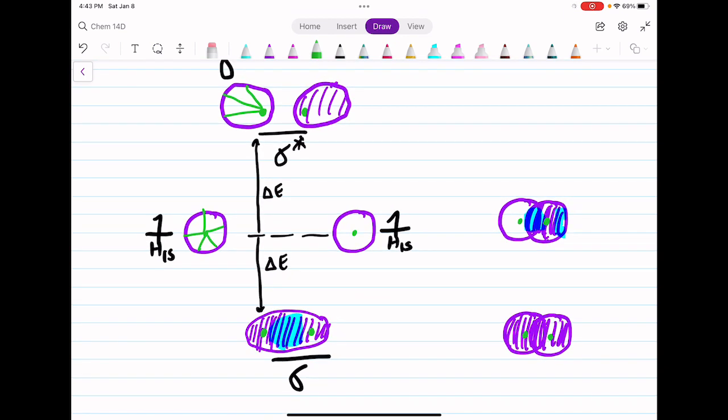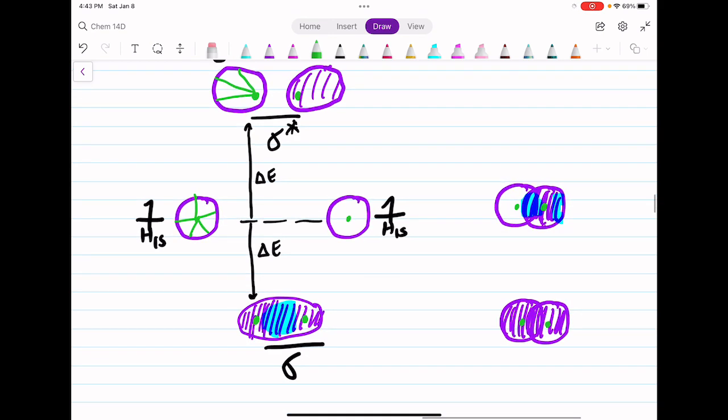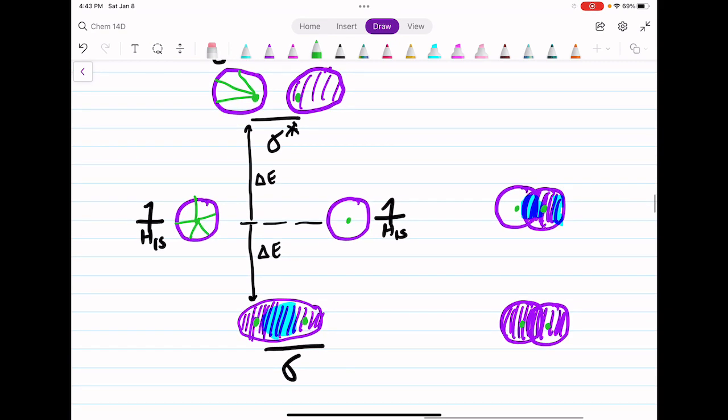So the sigma star is just slightly higher in energy, the absolute value of the energy that it goes up is larger than when it goes down. So now not only is it not surrounded by two nuclei, it's only surrounded by one, and on average the electrons are farther away from that nucleus compared to what they were in the pure atomic orbitals. Okay, so that is that.